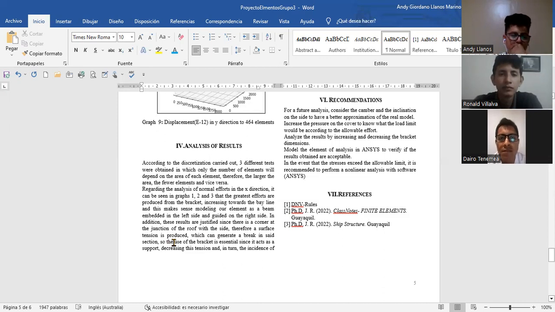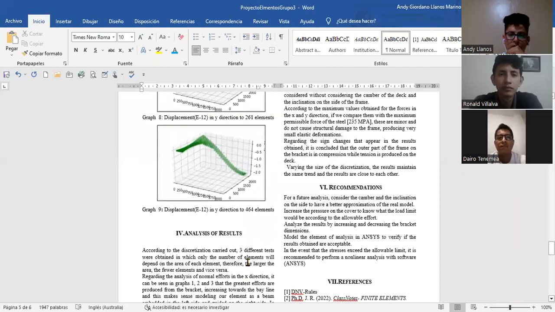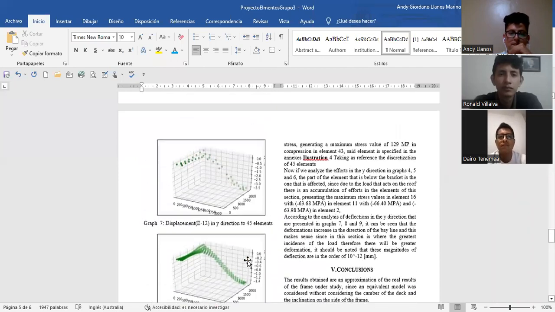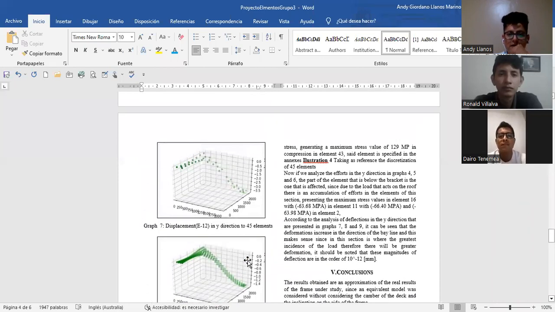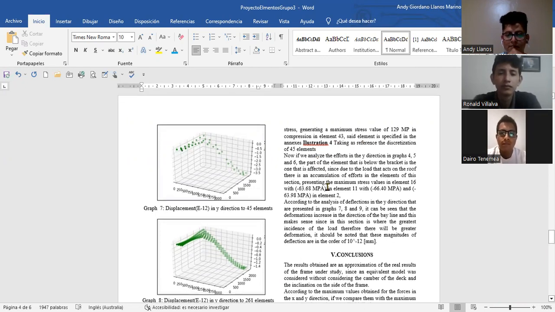So the use of the bracket is essential since it acts as a support, decreasing this tension and in turn the incidence of stress, generating a maximum stress value of 129 megapascals in compression in element 43. Said element is specified in the annexes, illustration 4, taking as reference the discretization of 45 elements.